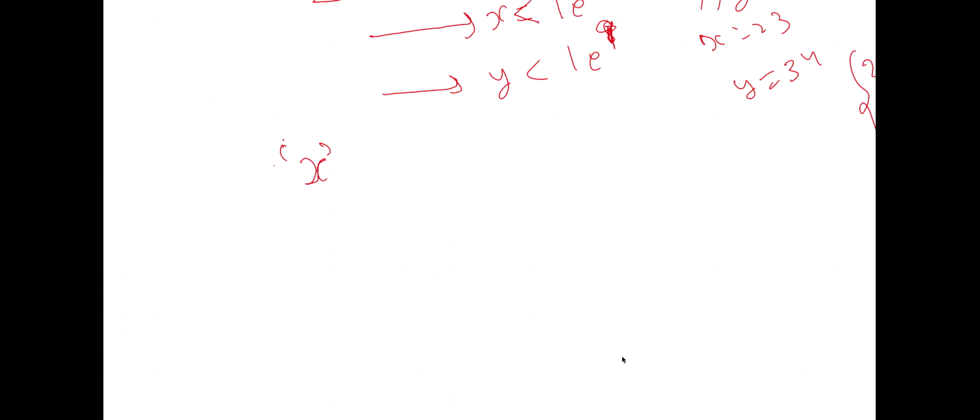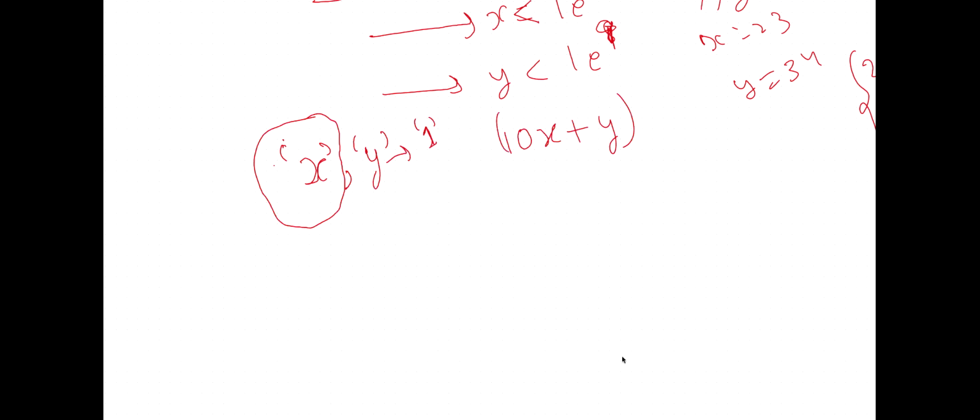If you concatenate an integer y, how would the number x change? Let's say y was some one digit number. Can I say that 10x plus y will be the final number? Of course I can say.